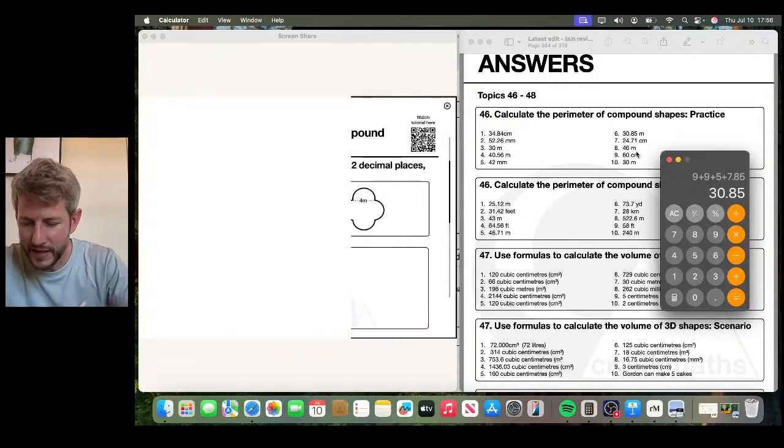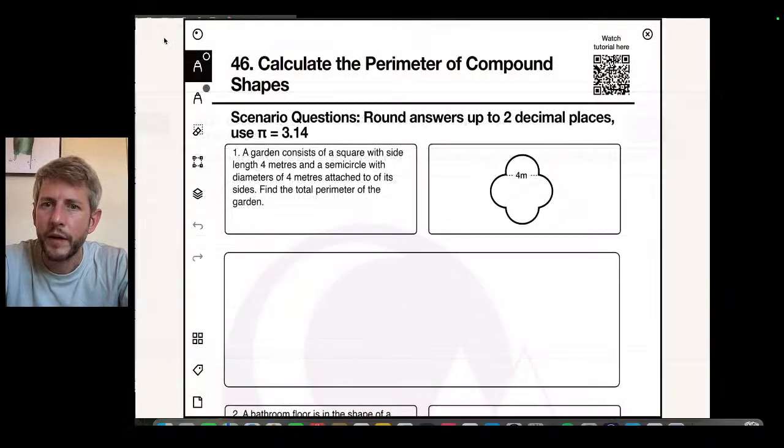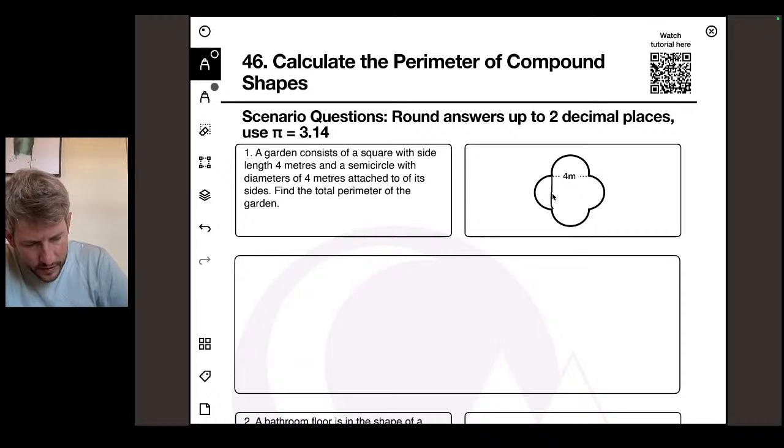Okay, right. Let's have a look at these scenario questions. Okay, so a garden consists of a square with side length 4 meters. Okay, square is special because that means all of the side lengths of that square are 4 meters.